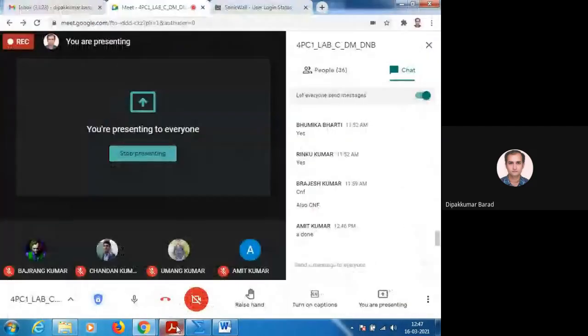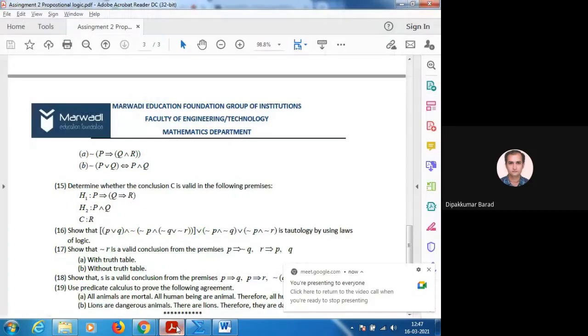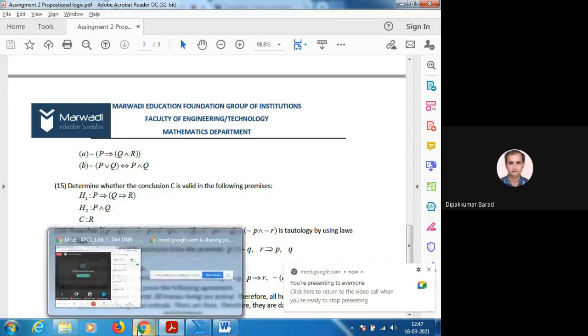CNF means product of elementary sum. Product of elementary sum. So you have to convert this statement into a product of elementary sum.